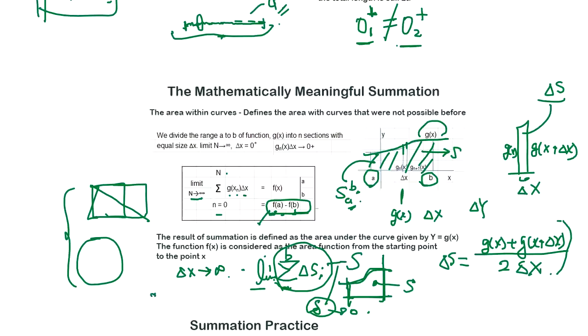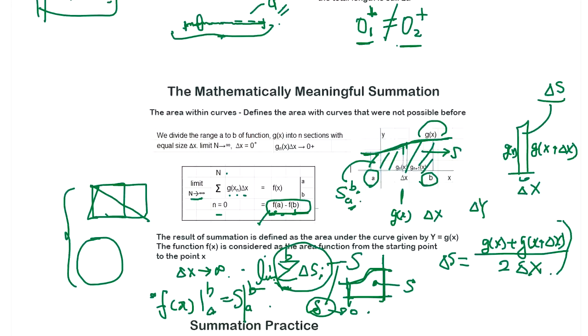So we use s, but f(x) from a to b is actually the area from a to b. Okay, so this is a kind of math notation we use, but what it's doing is trying to calculate the area surrounded by the curve function g(x). Get it?